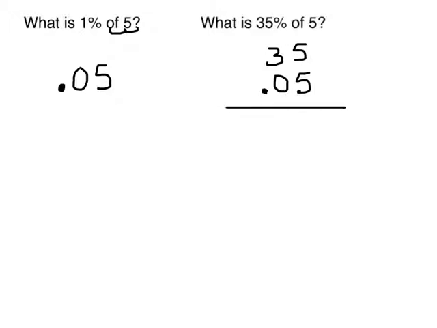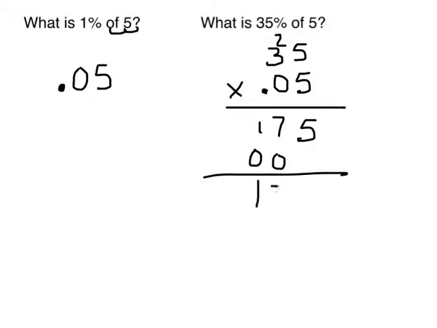I'm going to multiply 35 times 5 hundredths. And then 0.175. Move my decimal 2 places from the right. My answer is 1.75.